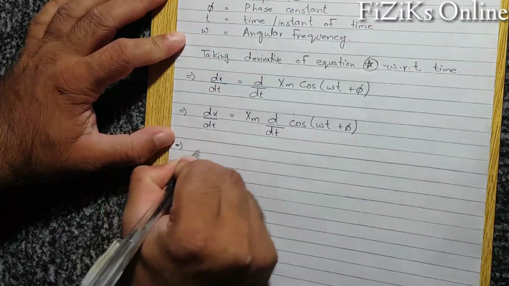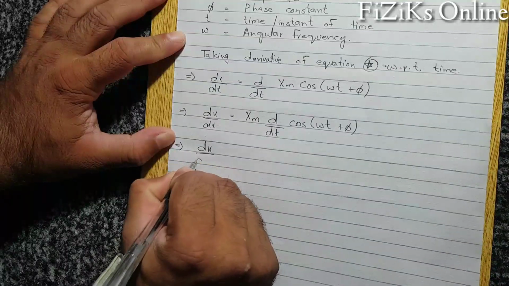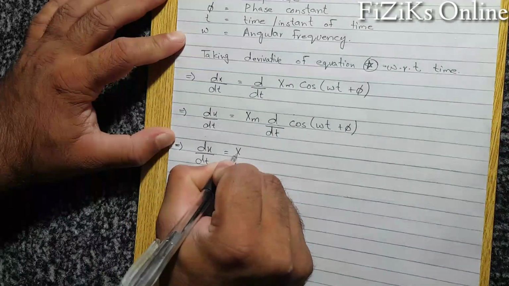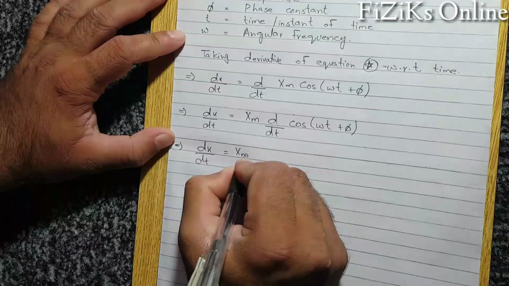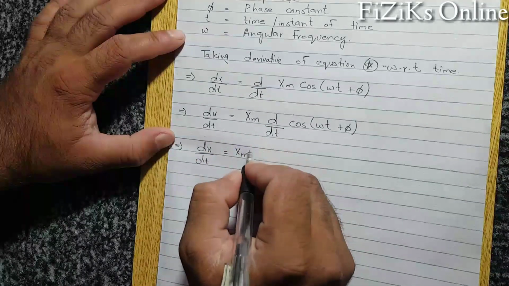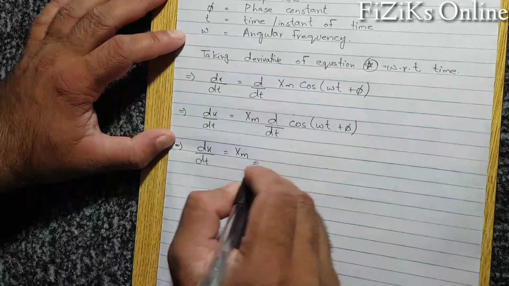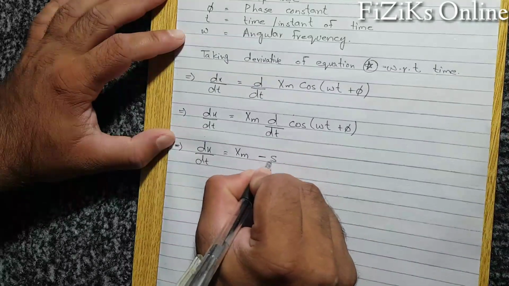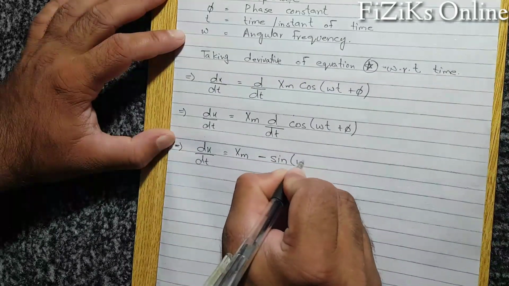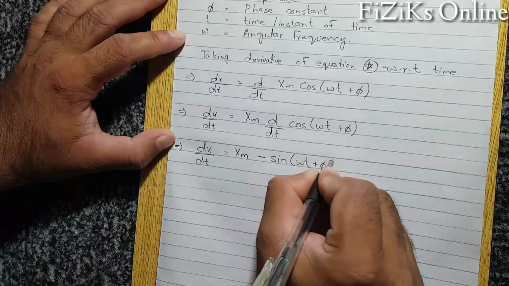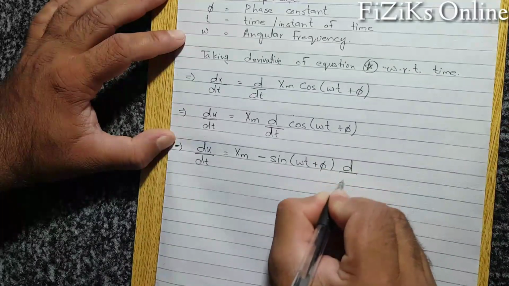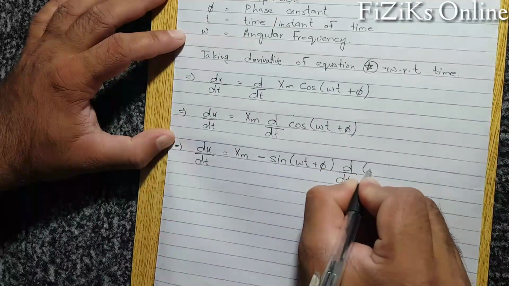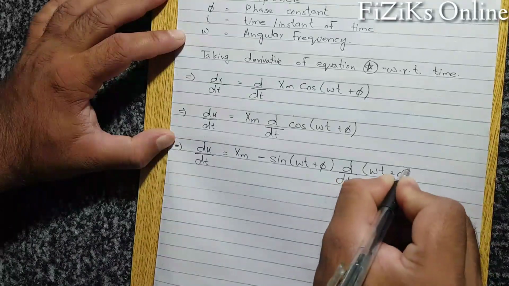The derivative of cos is minus sine (omega t plus phi), times d by dt of (omega t plus phi).